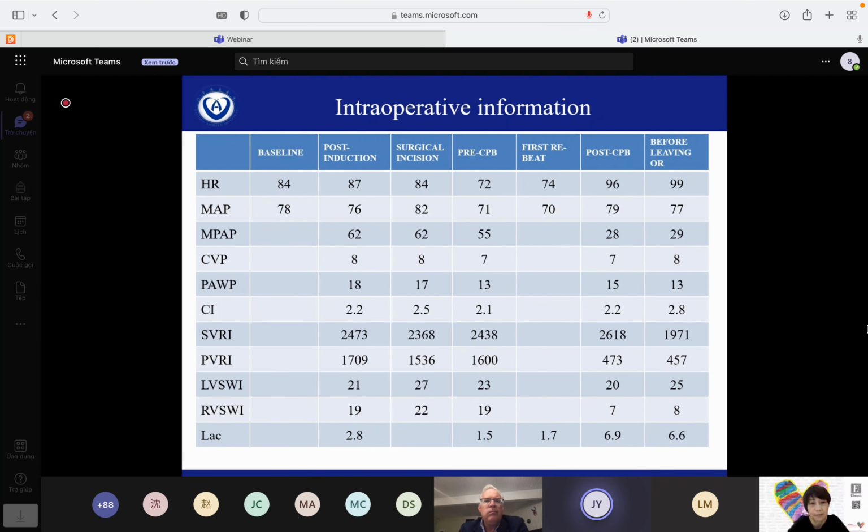We measured this information at baseline, post-induction, before surgical incision, pre-CPB, first time of repeat, post-CPB, and once before leaving the operating room.